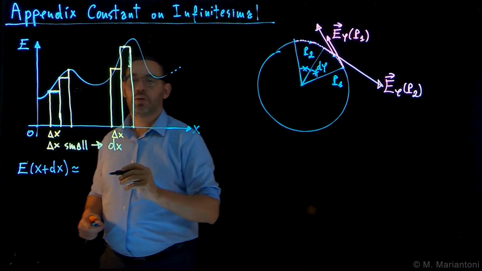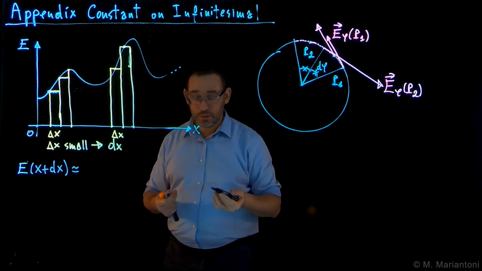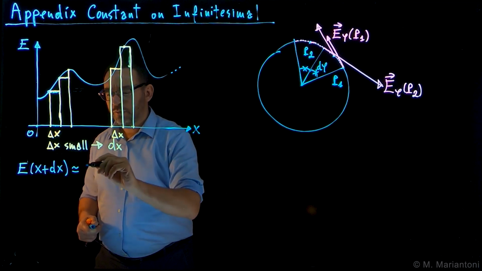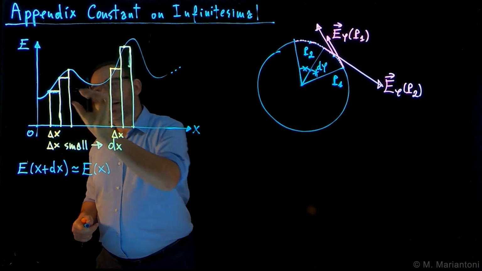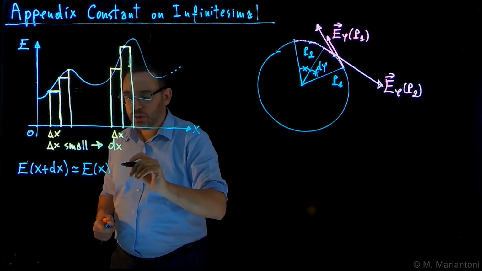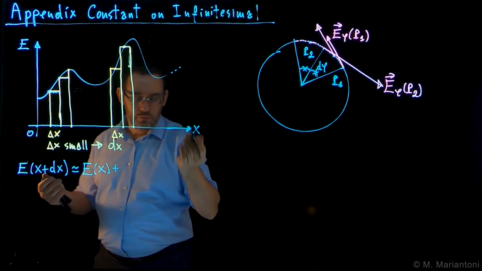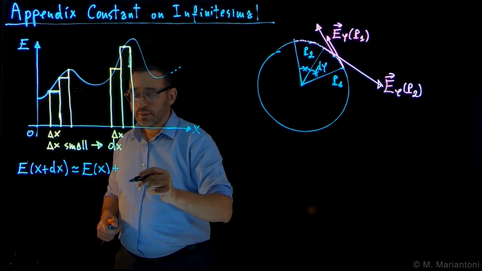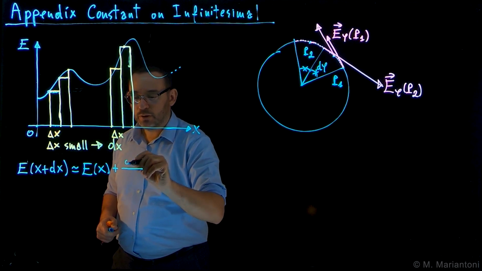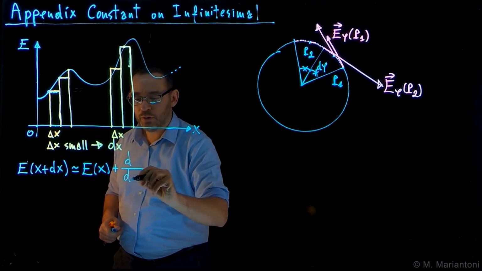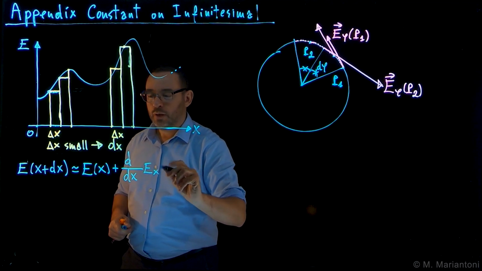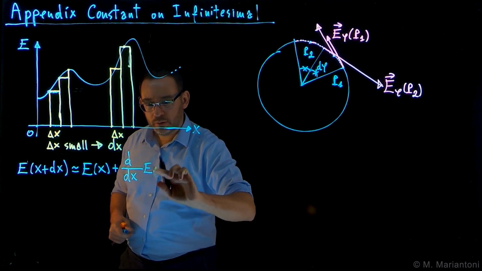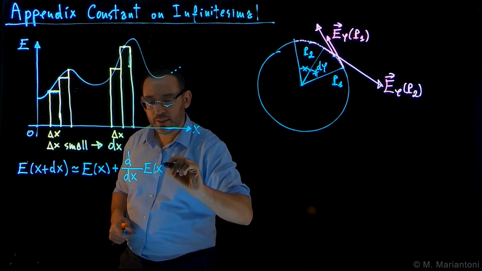So this can be Taylor expanded by means of Taylor series, and we obtain the field E at point x, which is this point here, and to take into account this variation, we need to add 1 factorial times the derivative, the total derivative in this case since there is only one variable, with respect to x of E evaluated at point x.